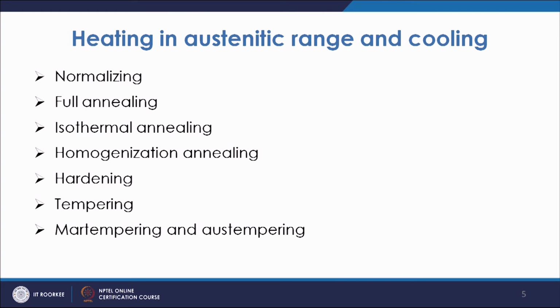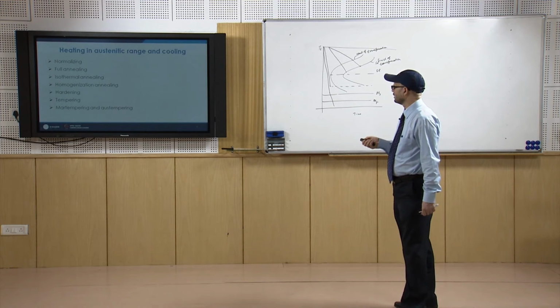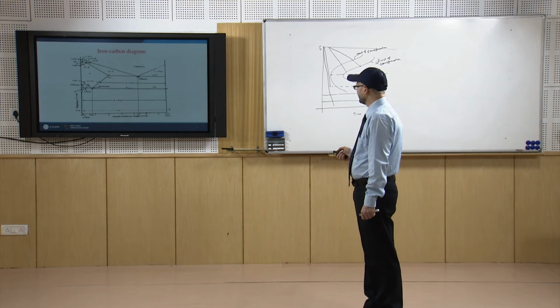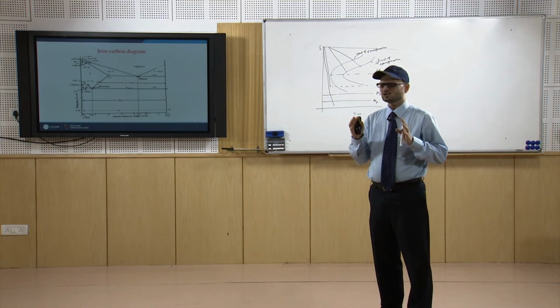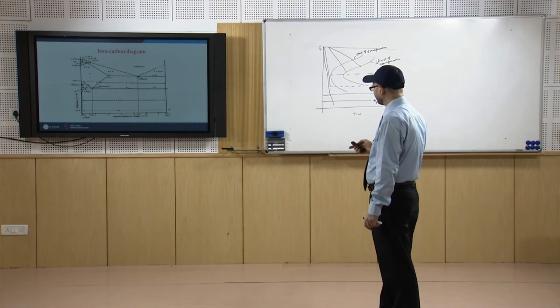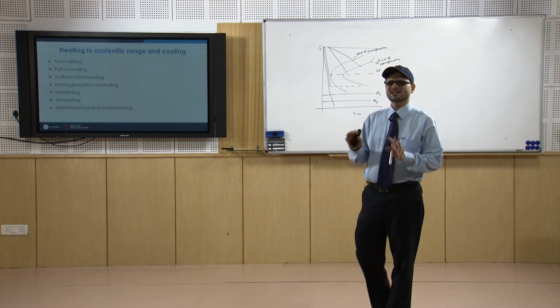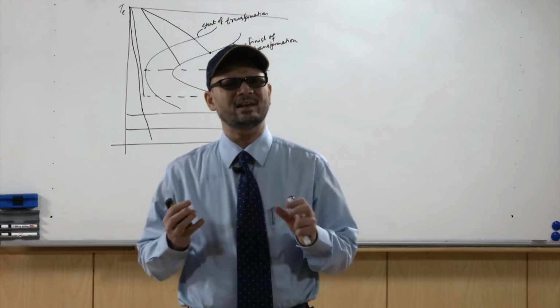Then there is homogenization annealing. In homogenization annealing, the material is heated to a temperature of about 1100 to 1200 degrees centigrade, and it is held at that temperature for a long time. This homogenization annealing is done to ensure that there is no segregation of alloying elements. Many a time you have segregation of alloying elements.